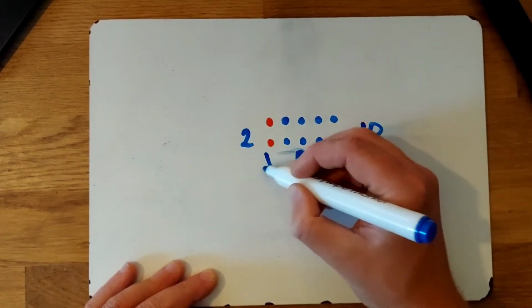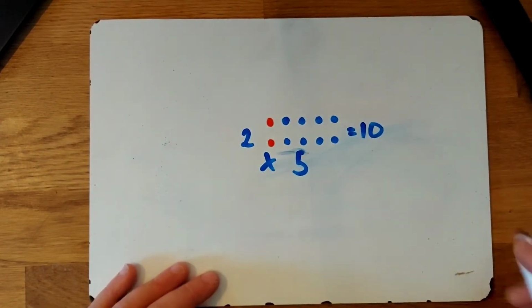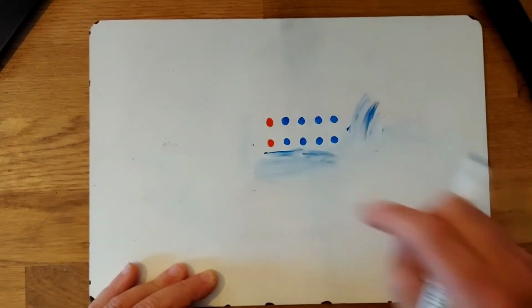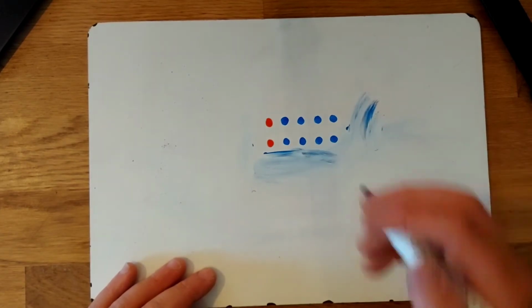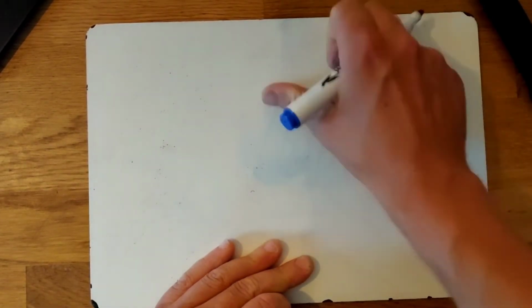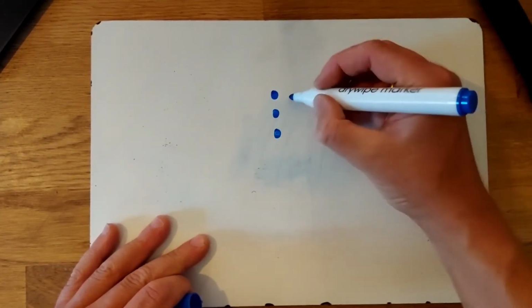I'd have my answer. So if you can see, this is how times tables work. This is a visual way of showing times tables. This array here is a really visual way of showing times tables, and we can get times tables from it.